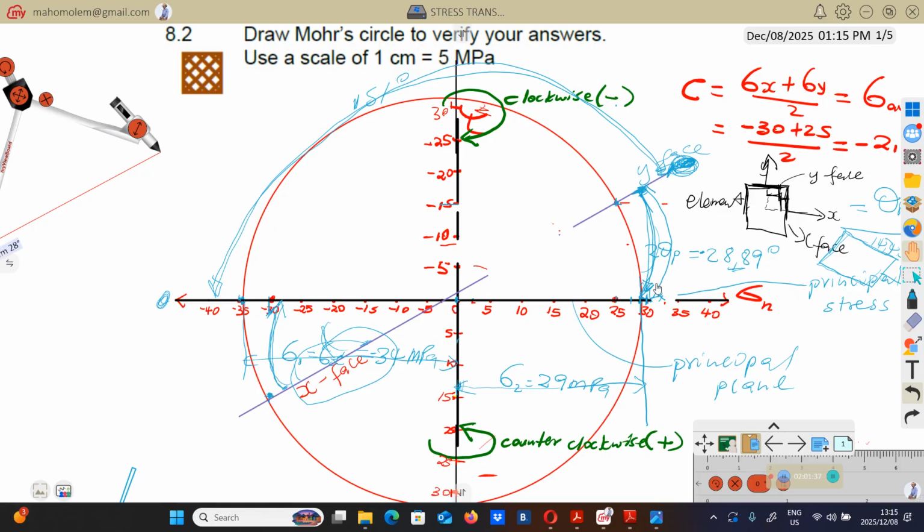To calculate the resultant stress, you just take the ruler and measure from the point of origin. Draw a straight line and measure from here to this blue dot, from the origin to there. Then you will get the resultant stress.